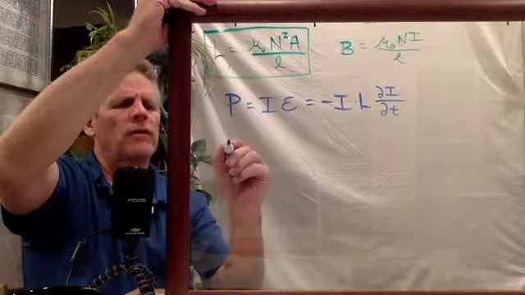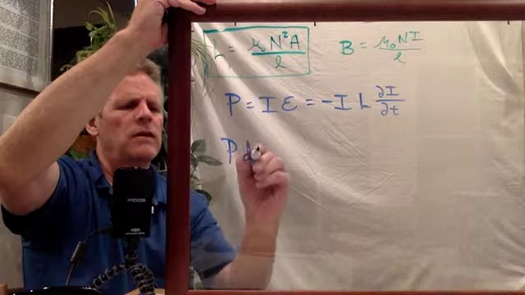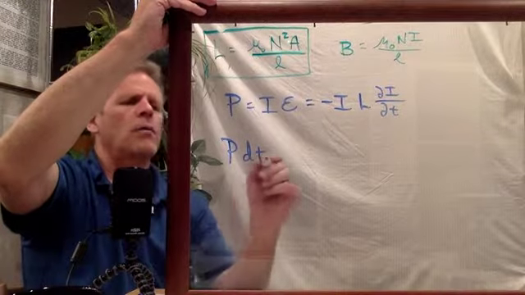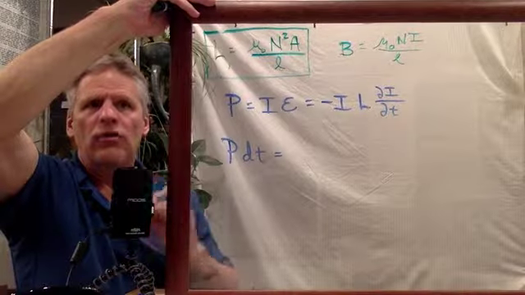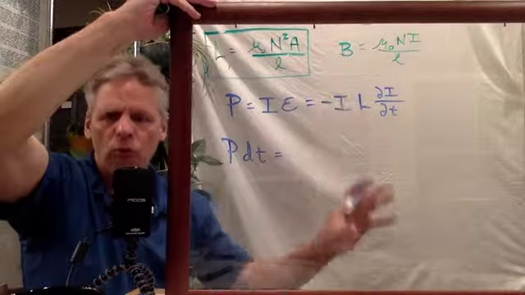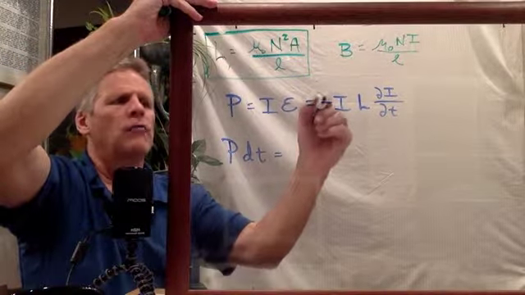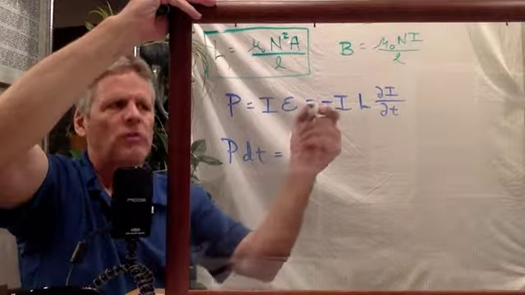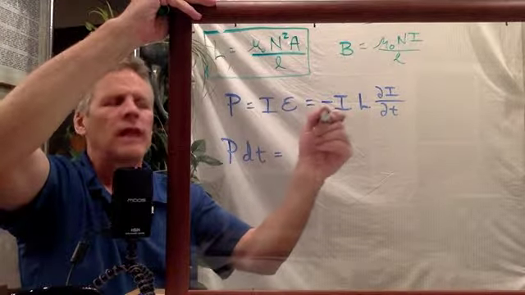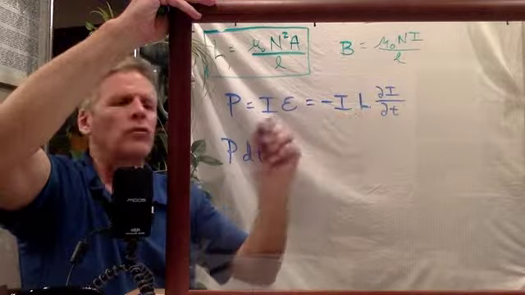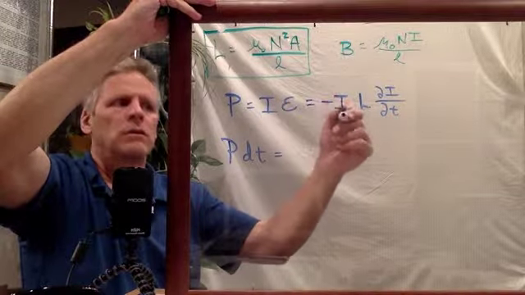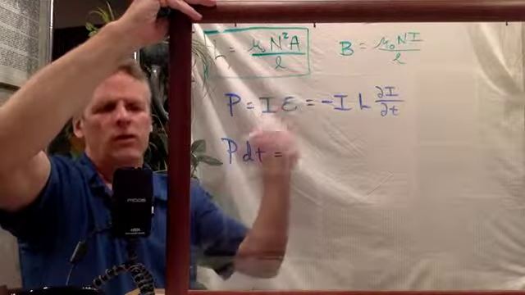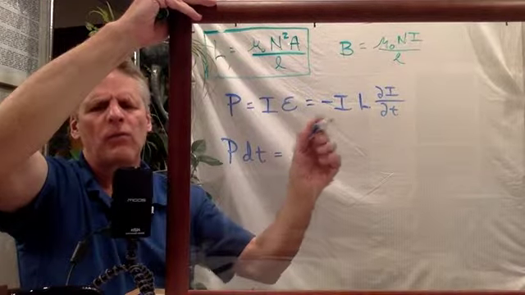So we're just going to take this P dt over here. What I'm also going to do, because now I'm talking about the energy being supplied to the solenoid, is take the minus of this. This is the power the solenoid dissipates. Where does it come from? And I'm using the word dissipate.